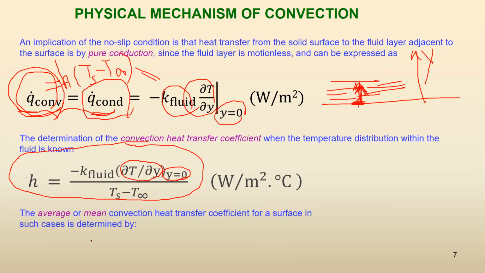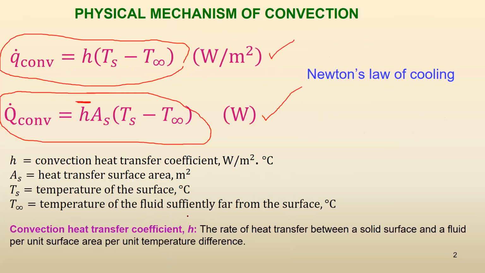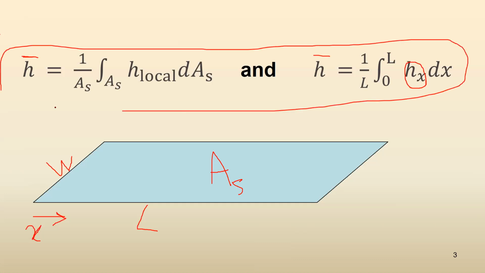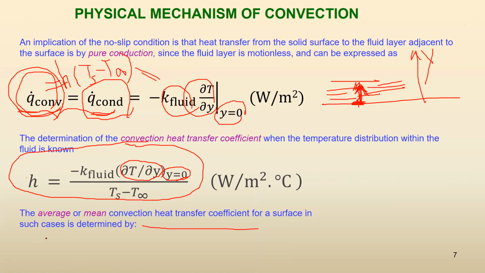So the average and mean convection transfer coefficient that I mentioned in here is calculated according to this equation, by the way. Average values. Okay.